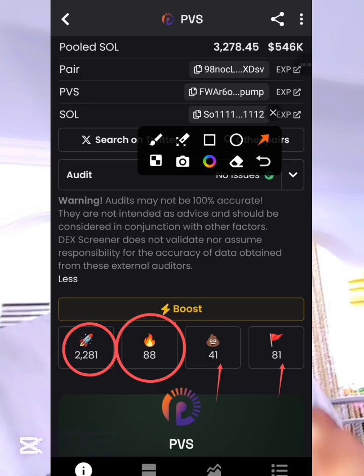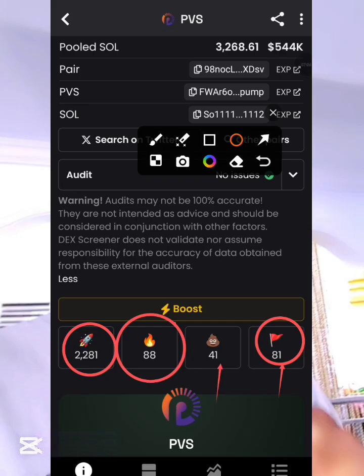And the last one here is the red flag, and we have 81 negative reactions. But if we combine the poop and the red flag together, that will be about 122 negative reactions. Meanwhile, the positive reactions, the rockets and fire, we have about 2,500 positive reactions. So we can still consider this particular coin.